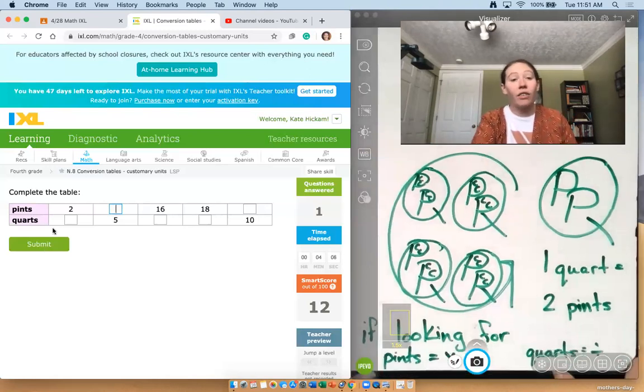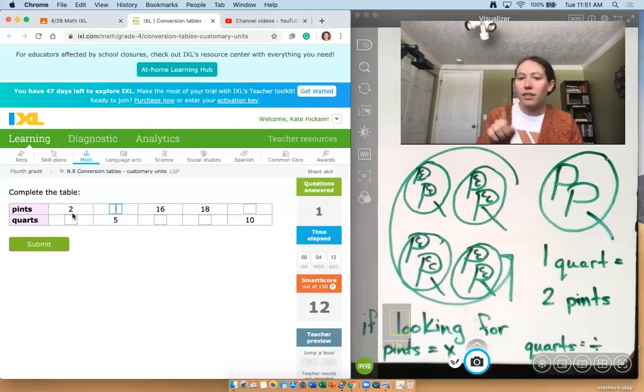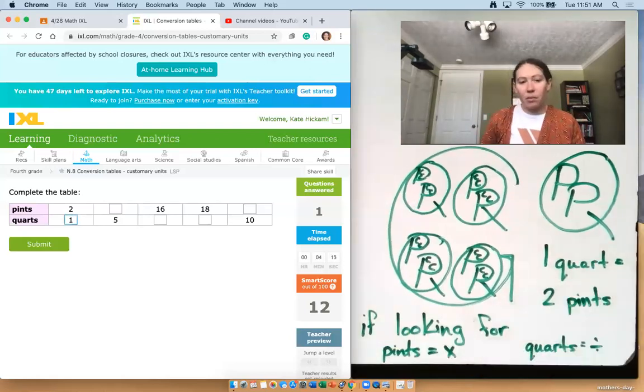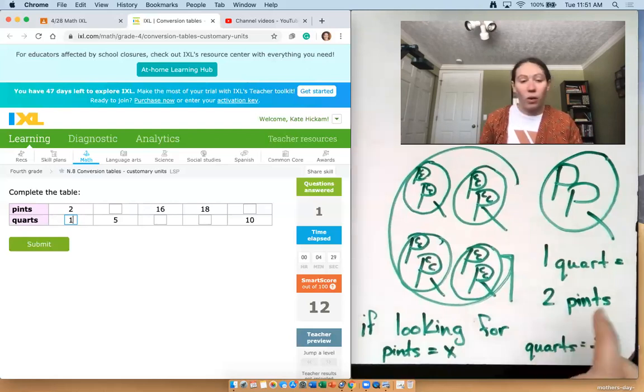Okay, so if I have 2 pints, that's going to give me 1 Q. If I'm looking for the number of quarts, I'm dividing. So I take 2 and I divide it by 2 because there's 2 to 1. So 2 divided by 2 equals 1. Okay, this time I'm looking for pints.